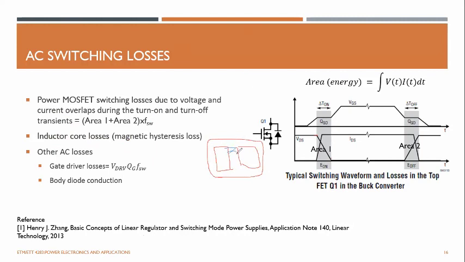You can wind your inductor like this, so the flux lines will go like this. Remember, if you use a ferrite core, definitely due to the hysteresis loss, there's a power loss of the inductor.